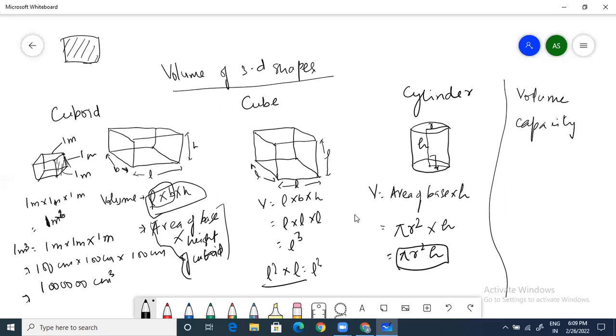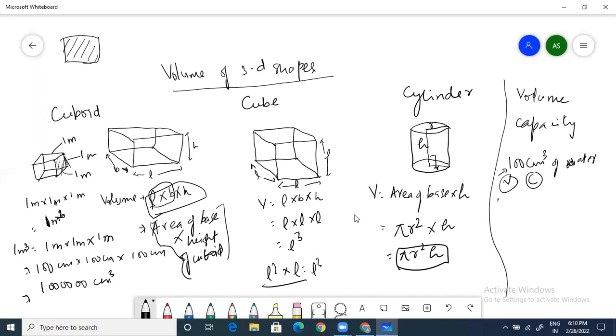For example, if a water tin holds 100 centimeter cube of water, then this is the volume and this is the capacity also. Both are the same in terms of 100 centimeter cube.